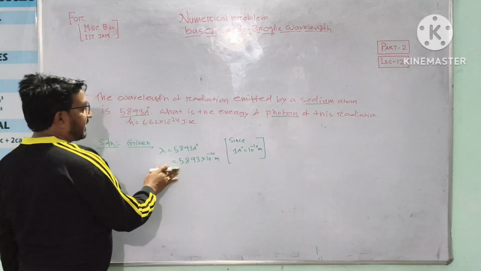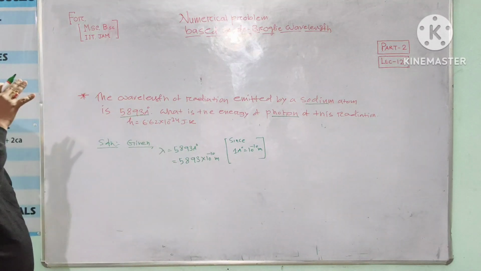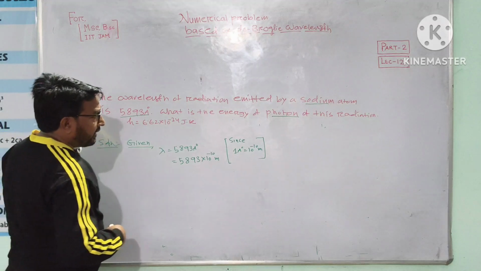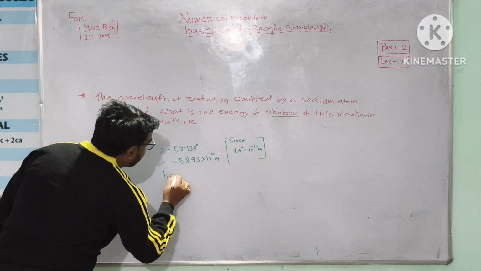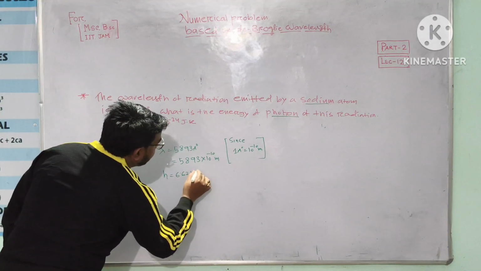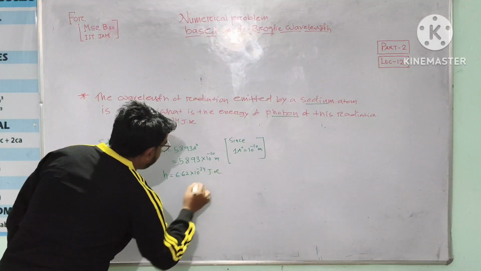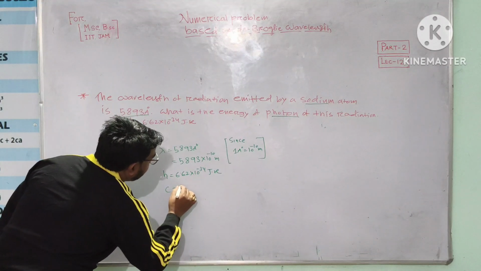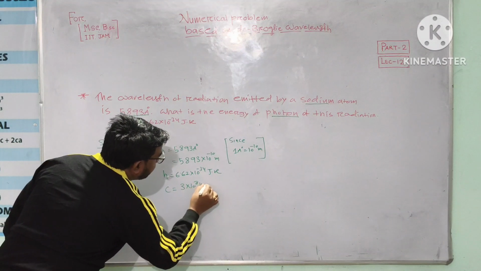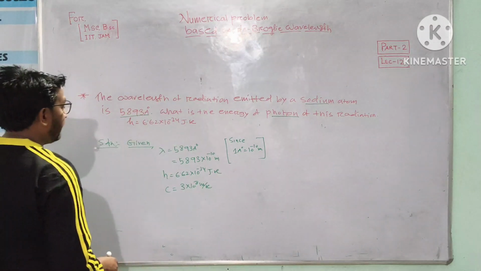And h equals Planck constant 6.62 into 10 to the power minus 34 joule second, and c is 3 into 10 to the power 8 meter per second. This is the speed of light in vacuum.